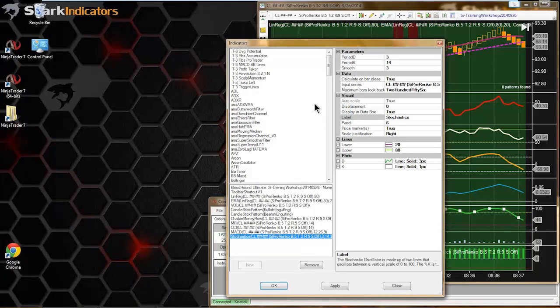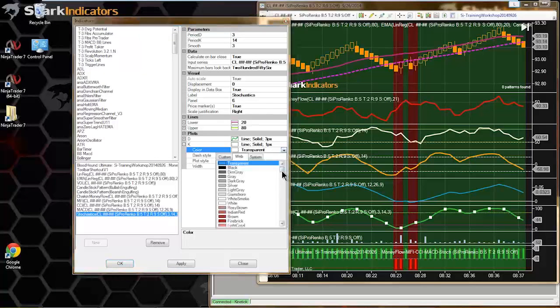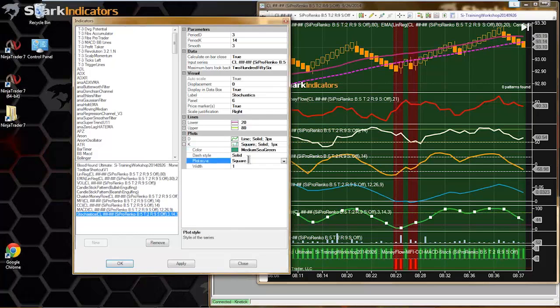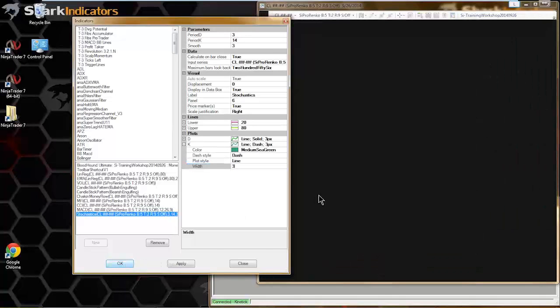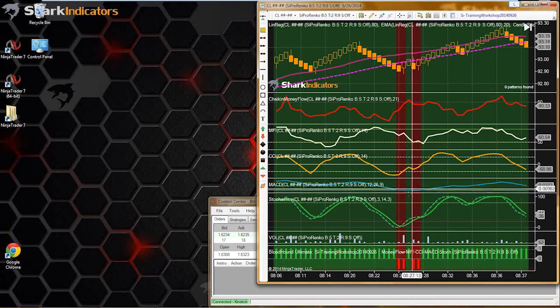So if we're looking for the fast stochastics to cross the slow stochastics, then I need to turn on my %K, which I have turned off right now. So let me turn it on, and I'll set it to a dash here. Okay, there we go.